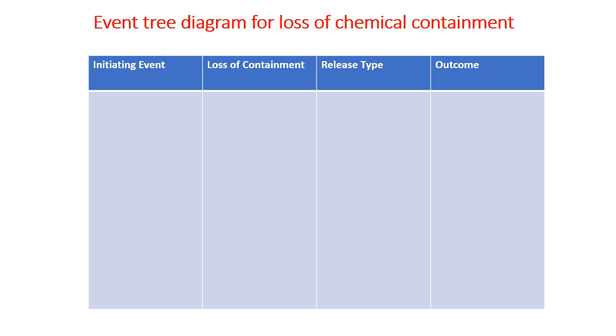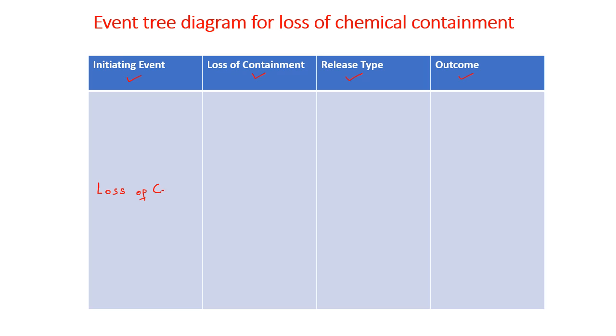So in the event tree diagram preparation, we will have four different situations for the chemical release. They are initiating event, loss of containment, release type, and outcome. For the case of the chemical release, there is a loss of control event that must have happened, right?